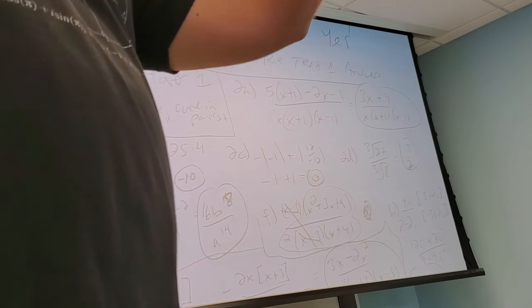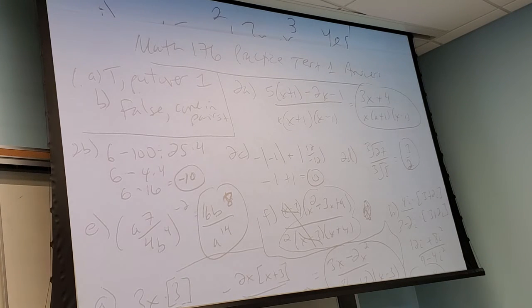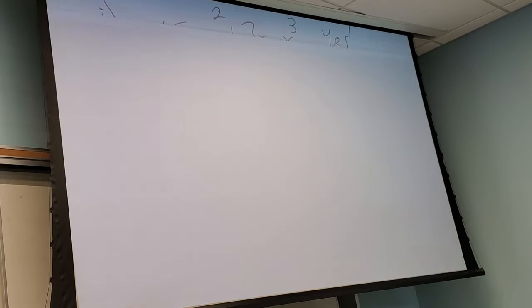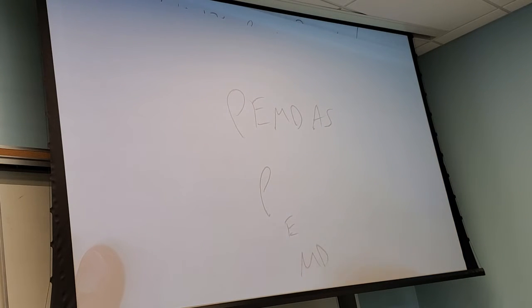So the whole thing I try to make clear about order of operations is, does anyone remember the way we should write it? So don't write it like this. Don't write it like this. These are both equally important. Neither one comes first. You do them as they come.